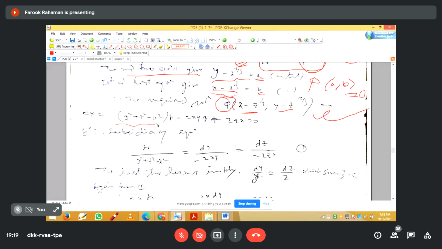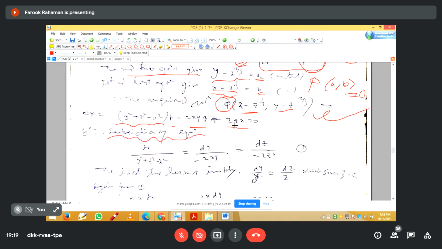Now that's another problem: (y square plus z square minus x square) p, minus 2xy q, equal to minus 2zx. At first we have to write the subsidiary equation.